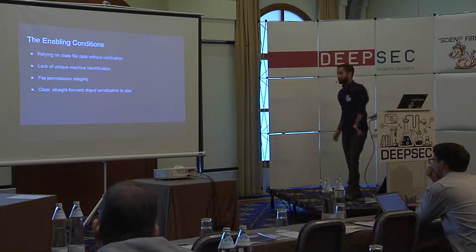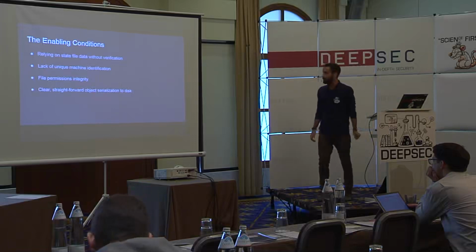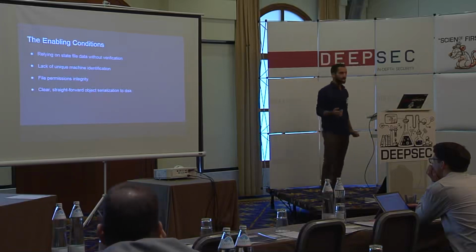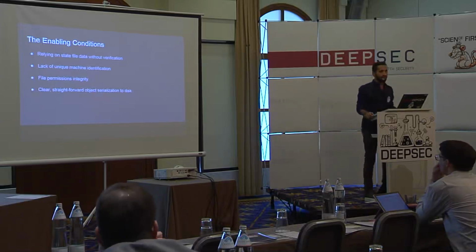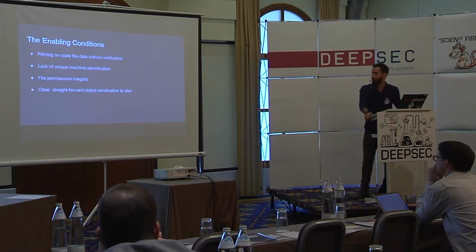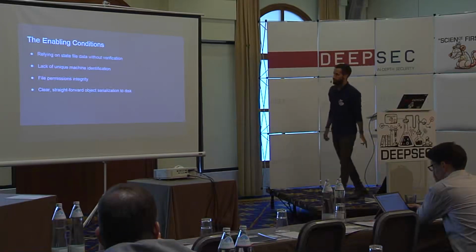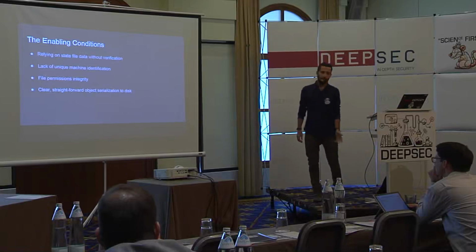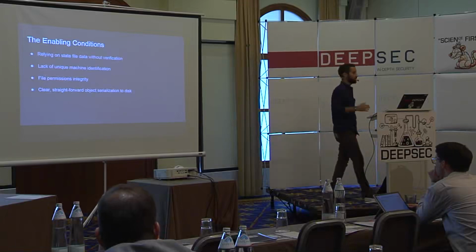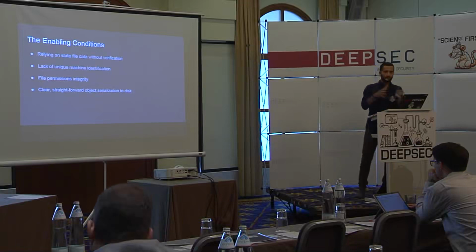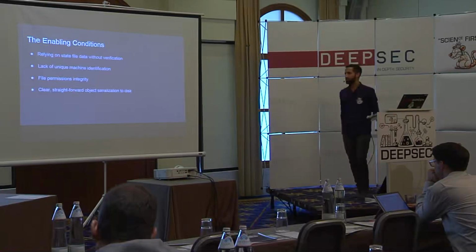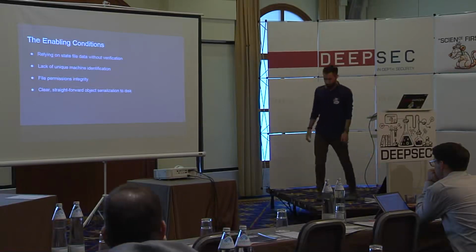So to sum it up, what were the enabling conditions for us to do that? One is that bits relies on the state file without verification. The second thing, it's a lack of unique machine identification, which let us copy the state file from machine to machine and actually copy the queue.